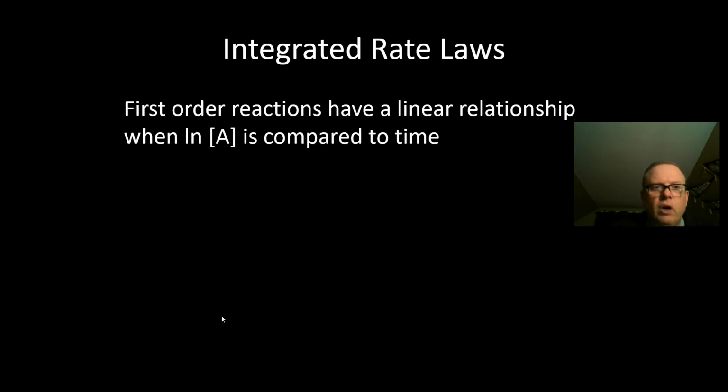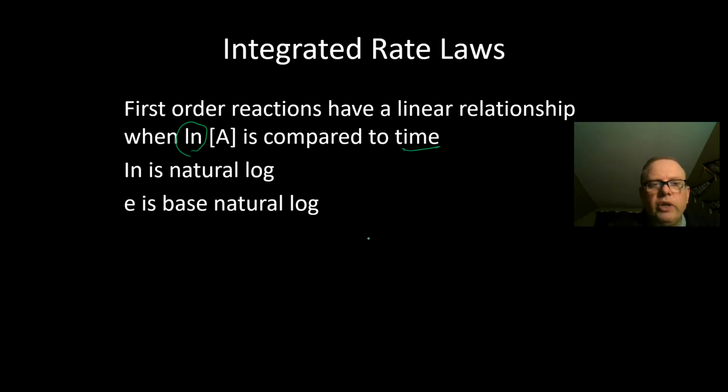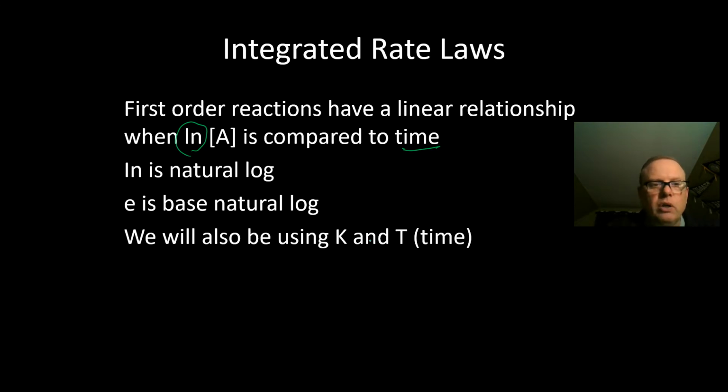So integrated rate laws, in a first order reaction, the linear relationship is the natural log of A, ln of A, and just so that we remember, ln is the natural log. And you get a linear relationship when you compare that natural log to time. We're going to see a little bit of lowercase e here, which is the base of the natural log.